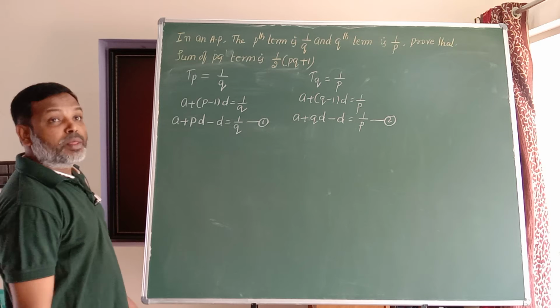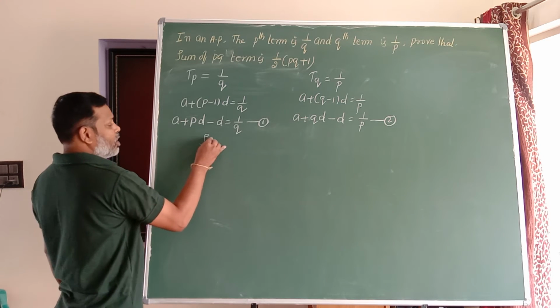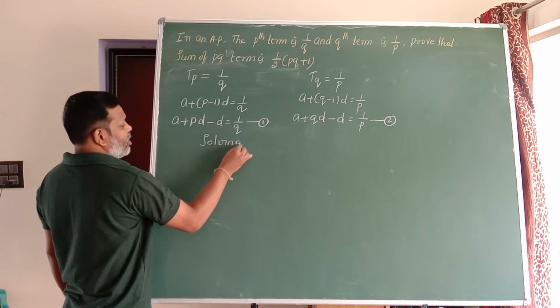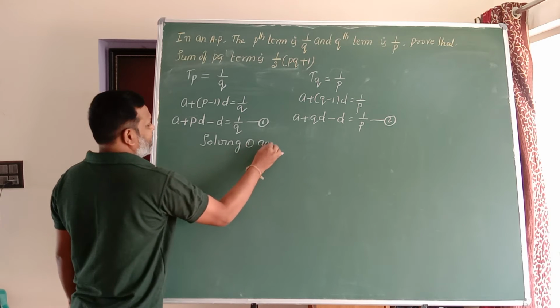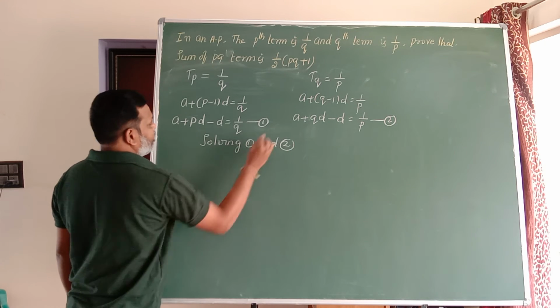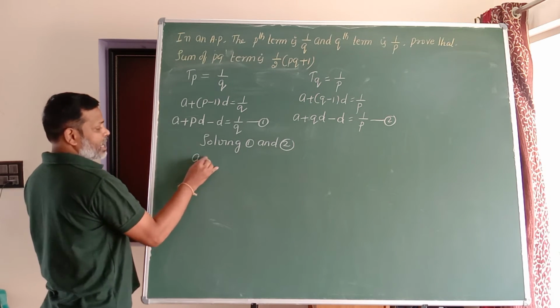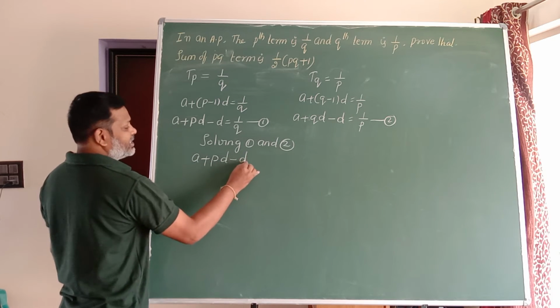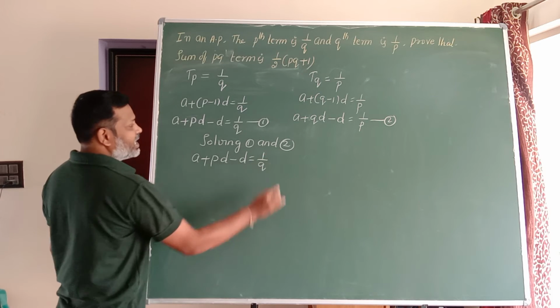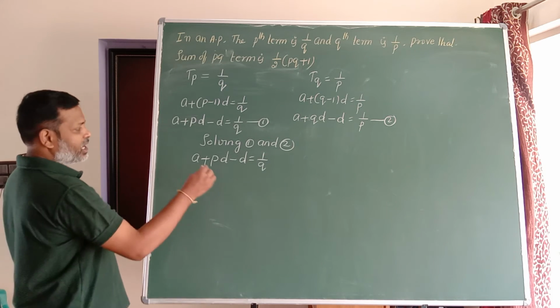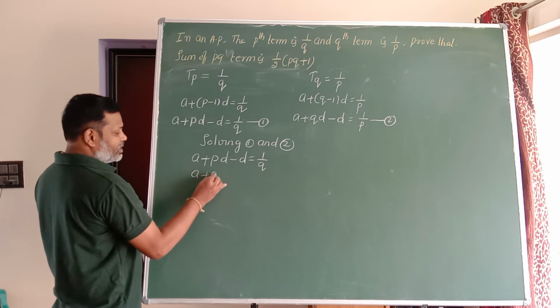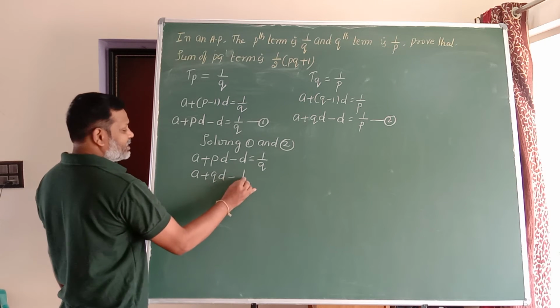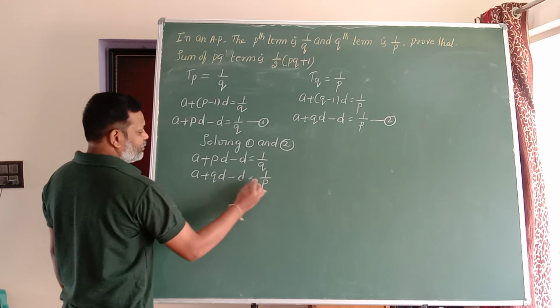Now solving 1 and 2. What is 1 here? a plus pd minus d is equal to 1 by q. Is it right? And consider equation 2: a plus qd minus d is equal to 1 by p.